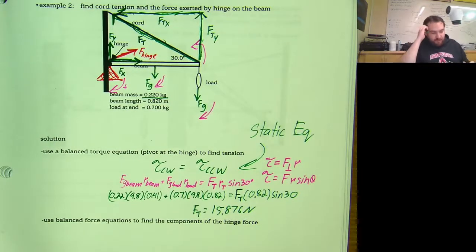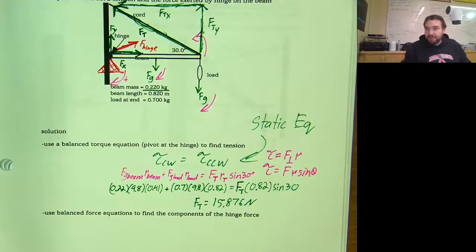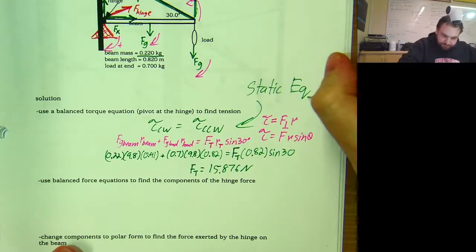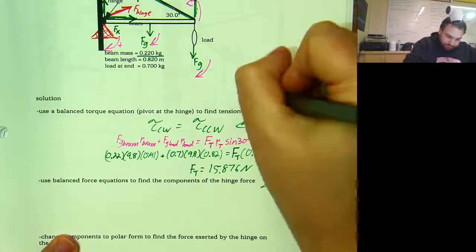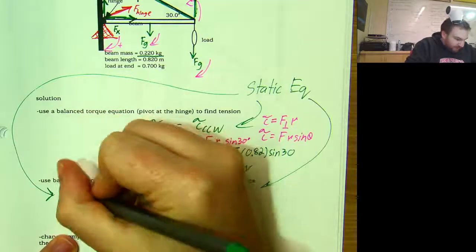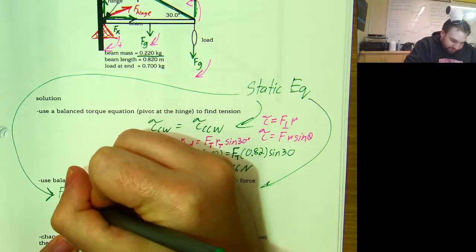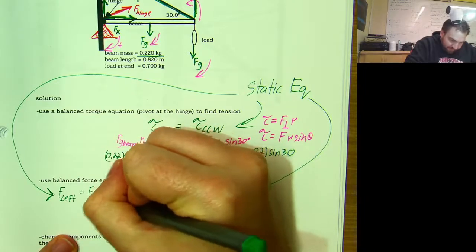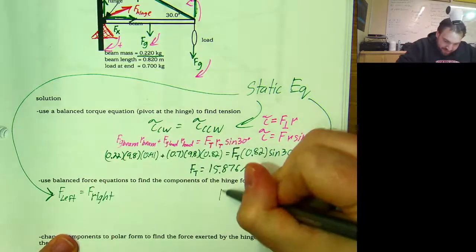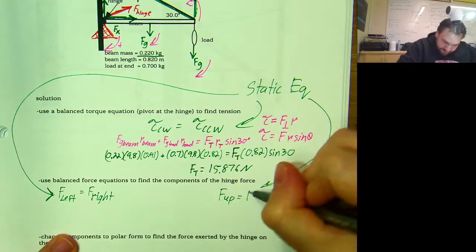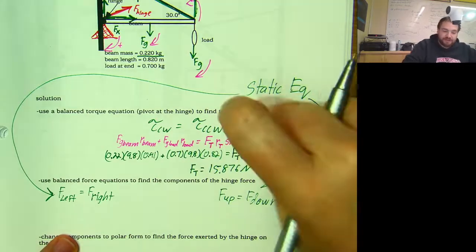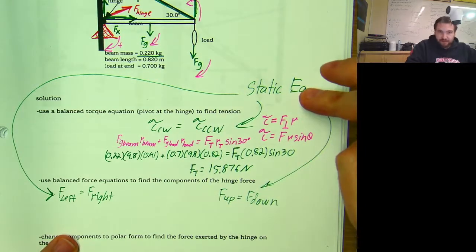Done. So now we want to use the balanced force equations to find the components of our hinge force. We're going to need two pieces here: my forces left equal my forces right, and my forces up equal forces down. All of these come from the fact that this thing's in static equilibrium.